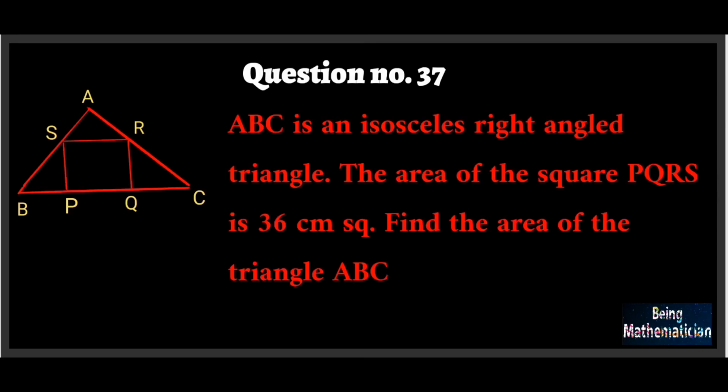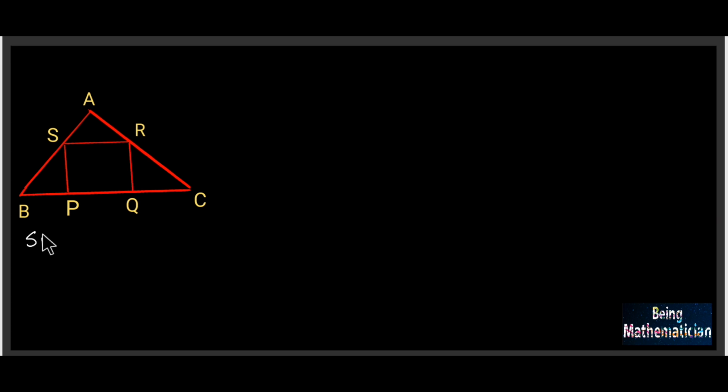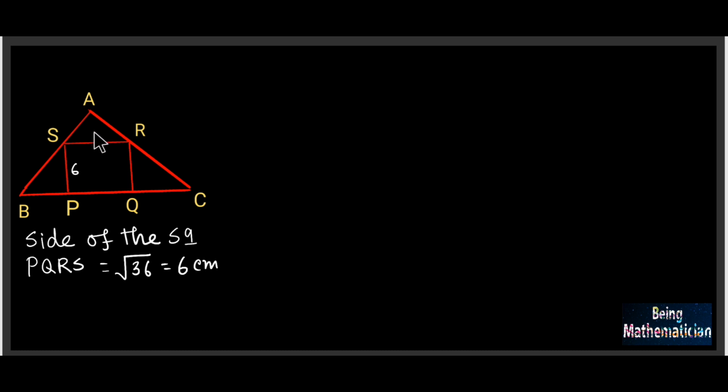Question number 37. Side of the square PQRS is equal to root over 36, equal to 6 centimeter. So it is 6, it is 6, it is 6. Now ABC is an isosceles right angle triangle where this angle is right angle, so it is 45 degree, and this is right angle, so this angle must be 45.